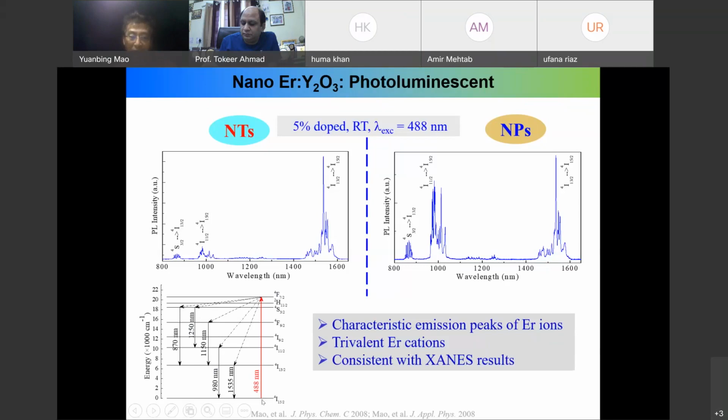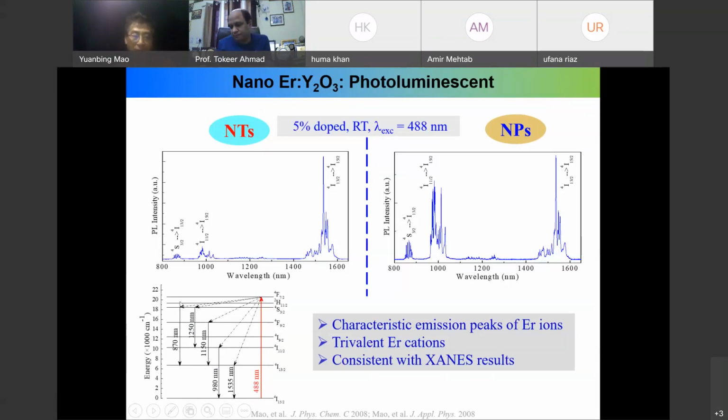So, for example, here this is the ground state of erbium, and once excited by the 488 nanometer laser, it goes to this 4F7/2 energy level, and then through non-radiative relaxation, it will go to the different energy levels, and then eventually it emits light at different wavelengths.